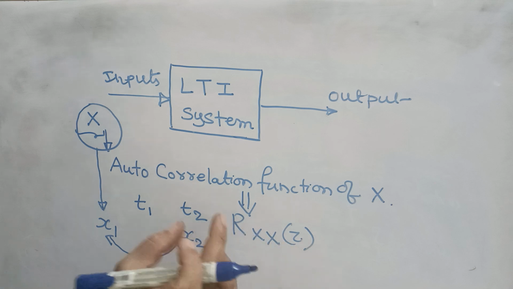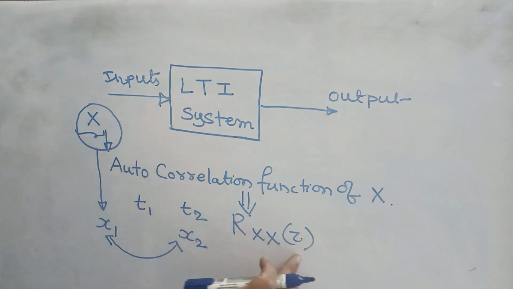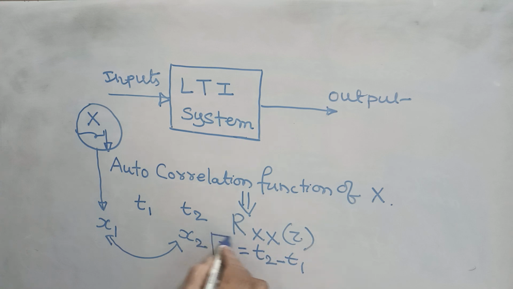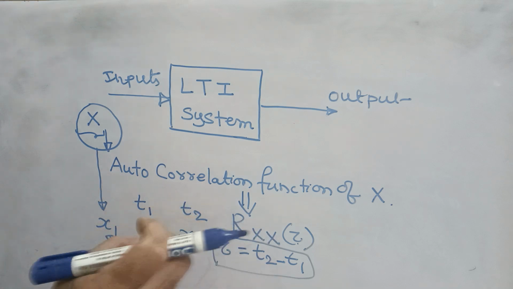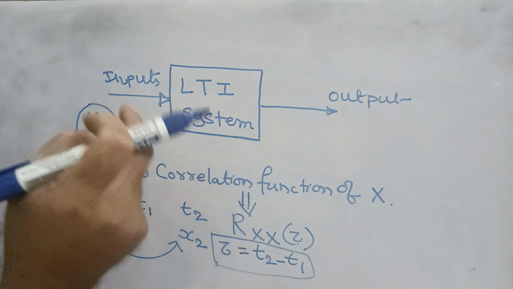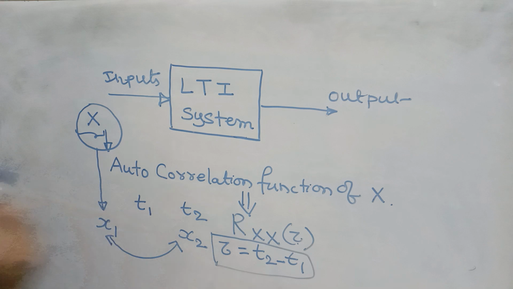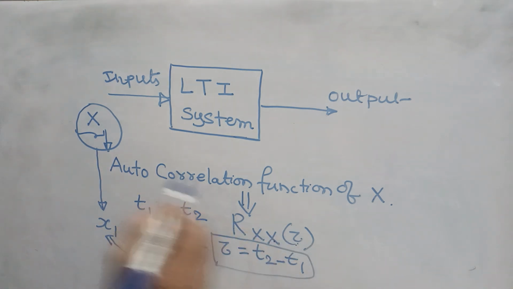What is tau? Tau is the time difference. Tau is equal to t2 minus t1. It gives the different time differences, the difference between t2 and t1. Therefore, R xx of tau is my autocorrelation function.